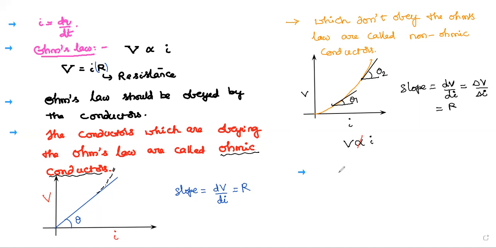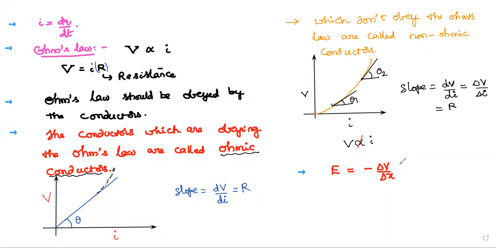The reason behind it is the current produced. When the potential difference is increased, the electric field is increased. Yesterday we discussed that E is equal to minus dV by dx.